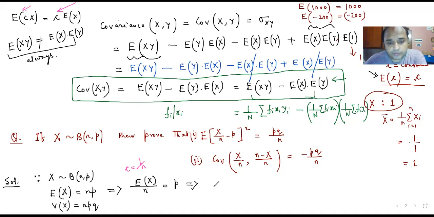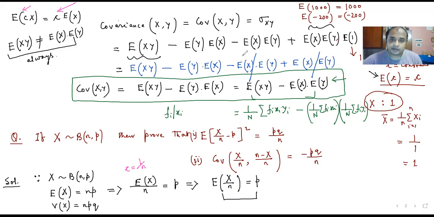We can write it as expectation of X by n, and this exactly becomes equal to small p. So we have got a new random variable X by n whose mean is p. Previously, the random variable was binomial with mean NP. Now we have defined a new random variable whose mean is actually p.